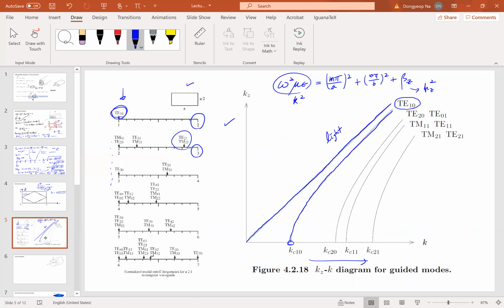So that means if we increase the index mn, then the cutoff frequency also increases. For example, the TE11 mode can propagate above its cutoff frequency, let's say 1.1. Below this cutoff frequency, it cannot propagate, it's just attenuating.